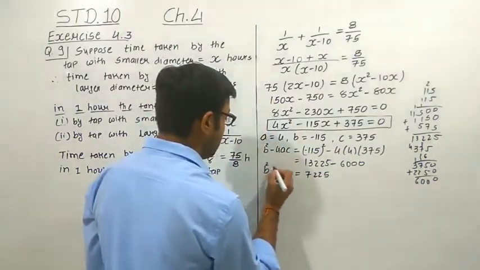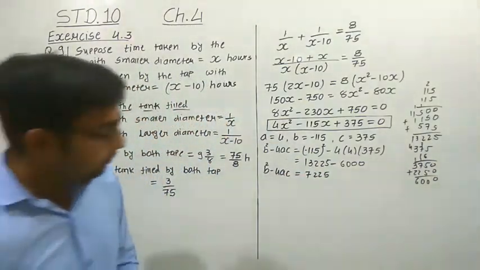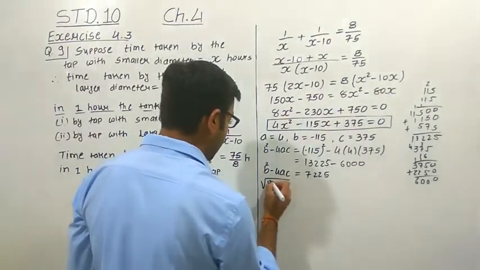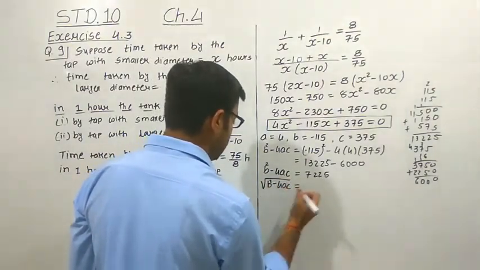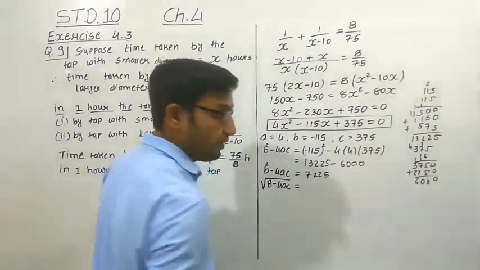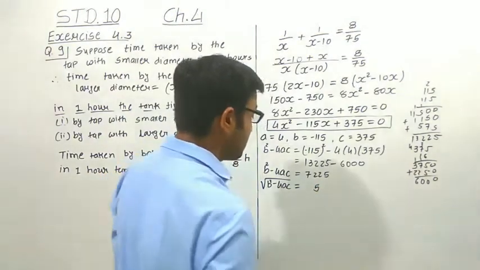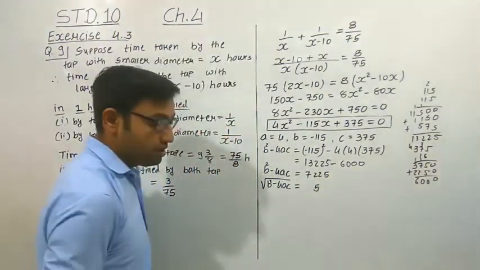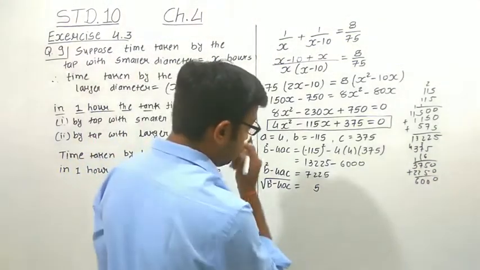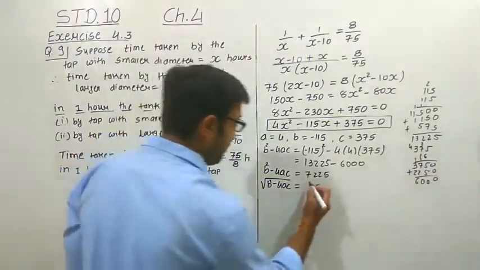B square minus 4AC is 7,225. Now we have to find the square root. We know that there is 25 at the last two digits, so the unit digit in the square root is 5. 72 is the product of two consecutive numbers, that is 8 9s are, so here we have to take 8.